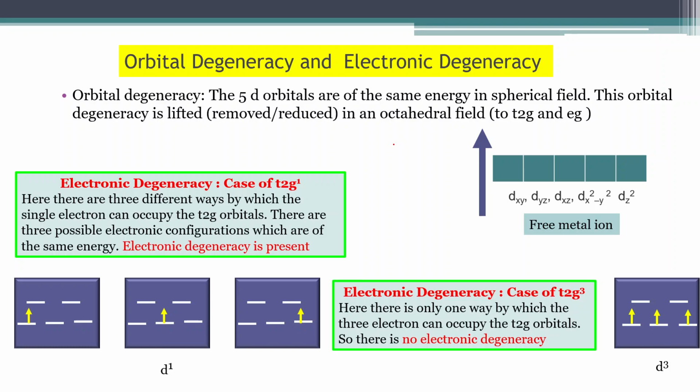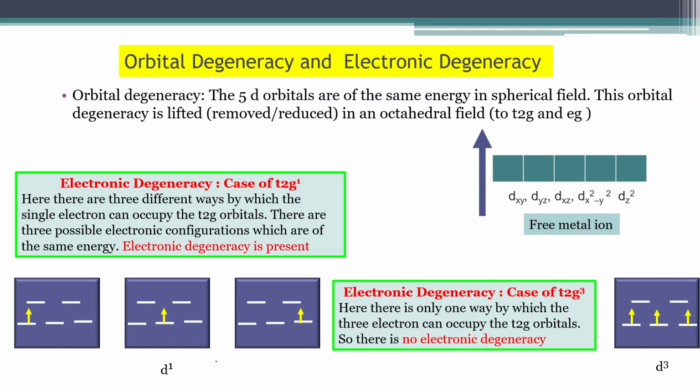And what is this electronic degeneracy? It is different from the orbital degeneracy. We will take an example of the t2g1 and t2g3 cases. In the case of t2g1, here we can see that the electron can be arranged in three different manners. The electron can be in the first orbital, or in the second, or in the third orbital. All these three cases have the same energy.